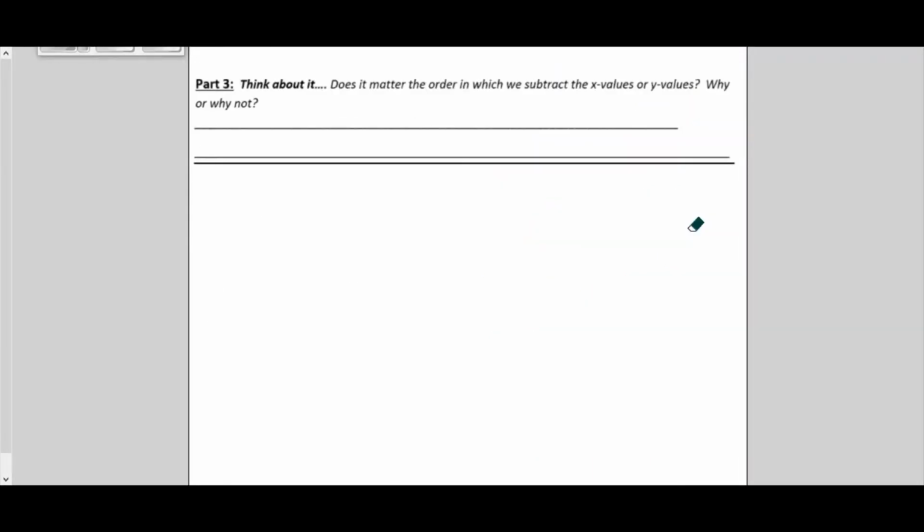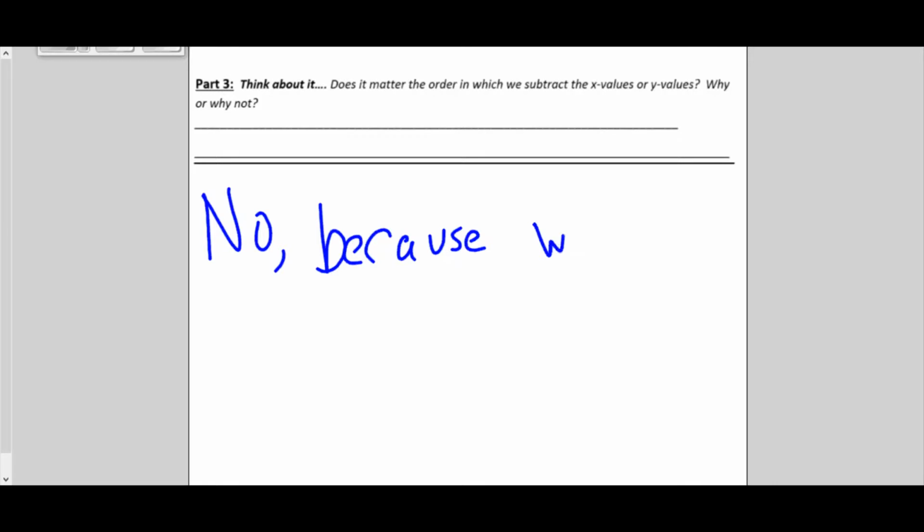So part 3, does it matter the order in which we subtract the x values or y values in the distance formula, why or why not? So the answer here is no, the order does not matter. And the reason why the order does not matter is because we square x2 minus x1.